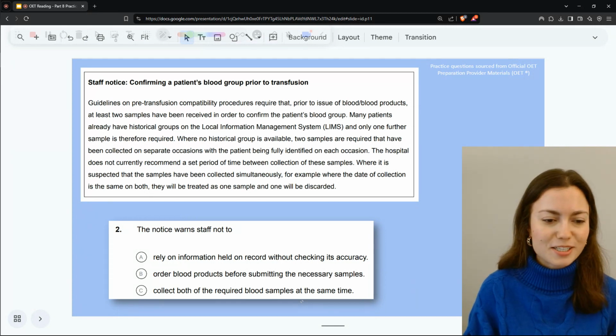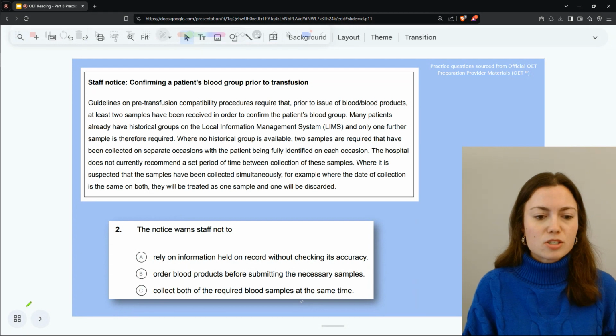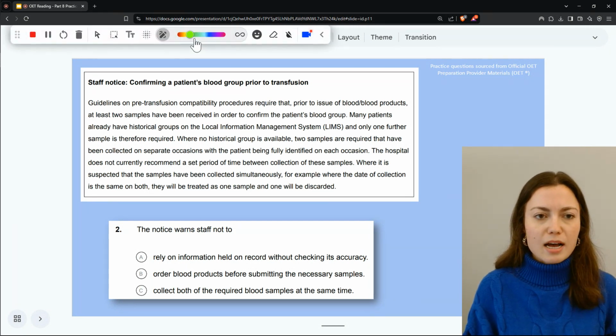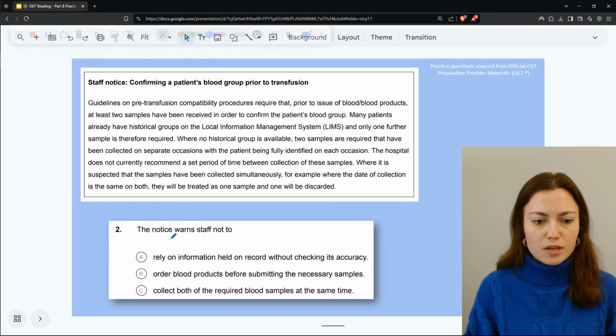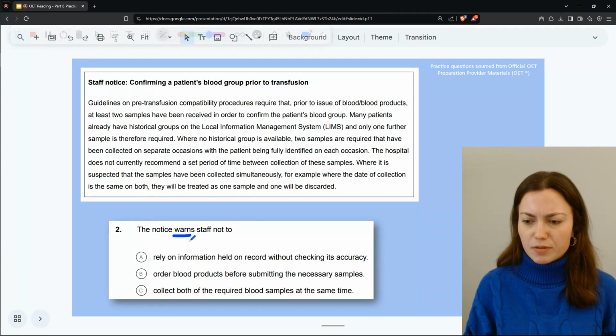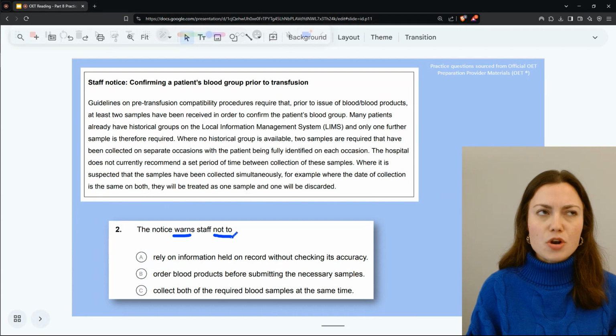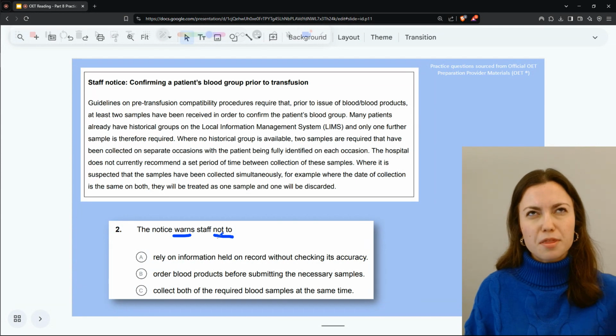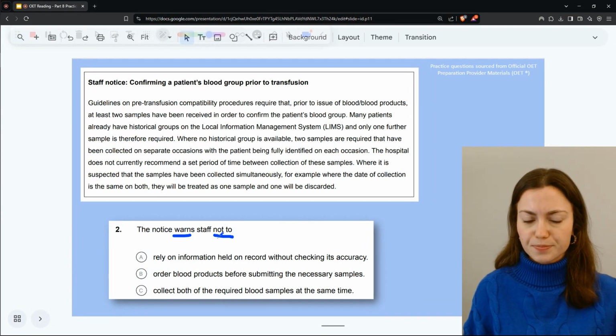Okay, assuming you've paused it and you're ready for the answer. So the notice warns staff not to. So a couple keywords: warnings, we've seen, to be aware of warnings and consequences. Not to. So we're thinking of the things that they shouldn't do.